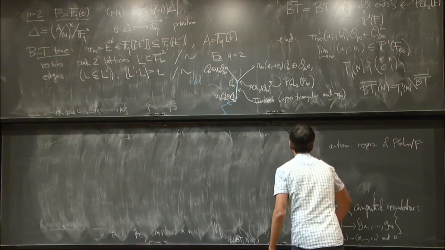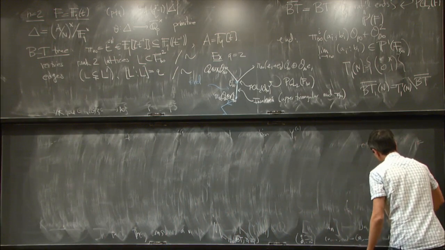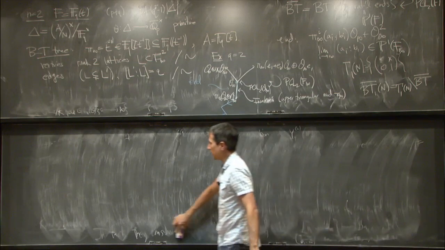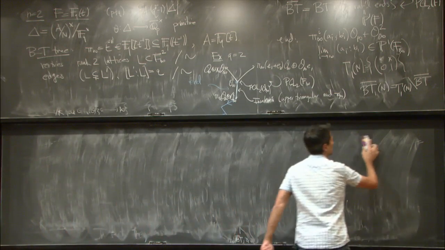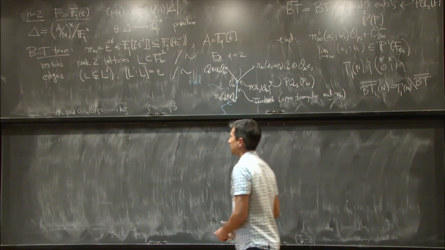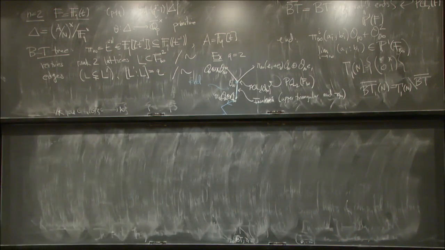OK. So again, we have a standard. So the modular symbols are just you take two ends and you take one minus the other, so you get a path along the tree from one end to another.